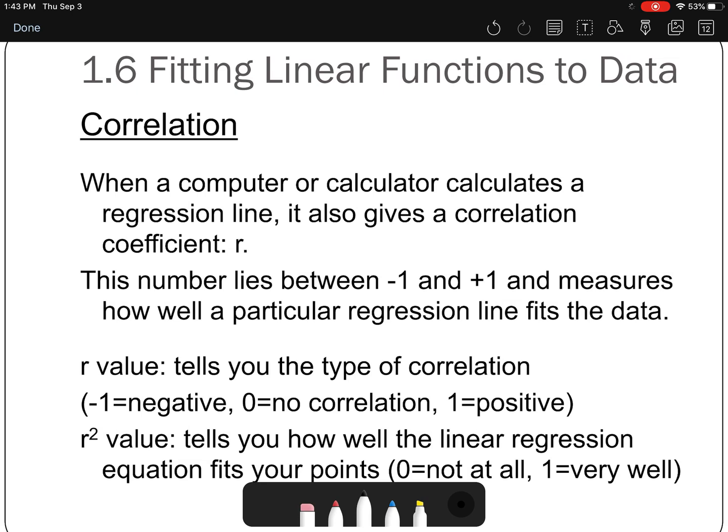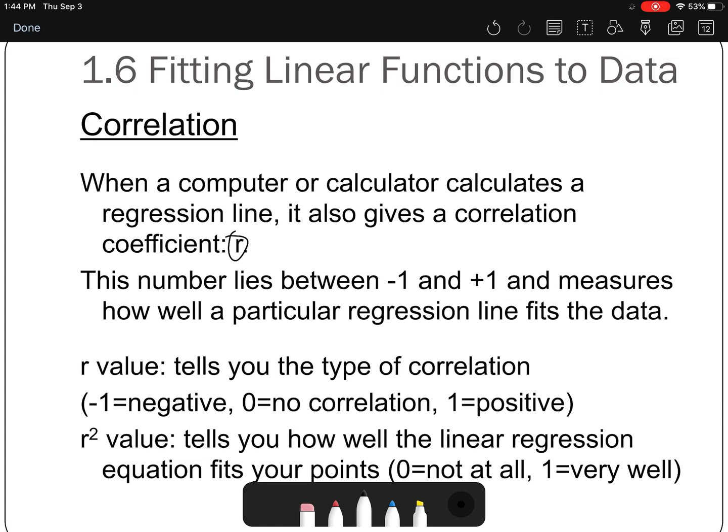Now the last concept in chapter 1 is correlation. And we really are talking about correlation as it refers to a line of best fit and a regression calculator, the correlation coefficient. We call it R, and it's on our calculators. And I'm going to try to show you this in person or via Zoom.